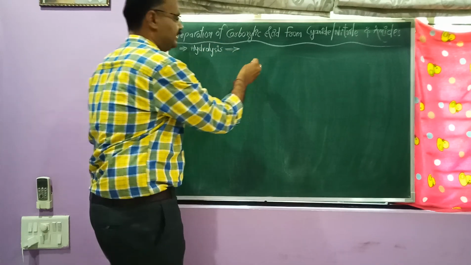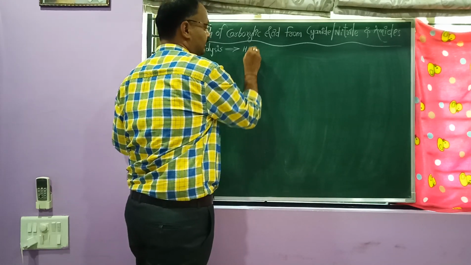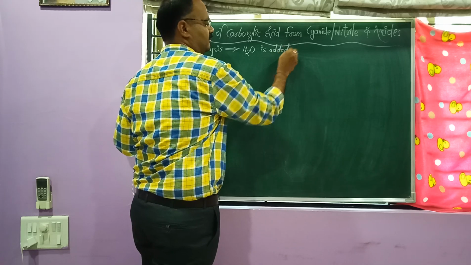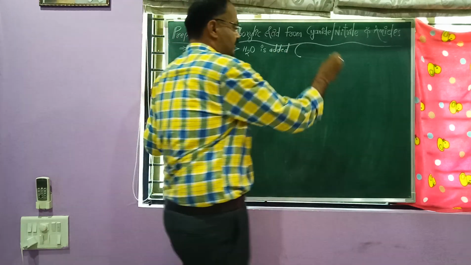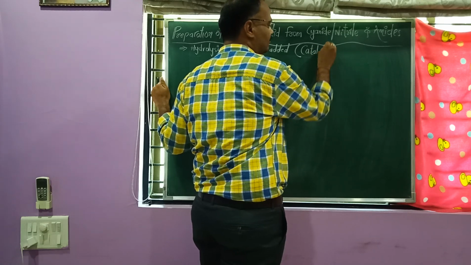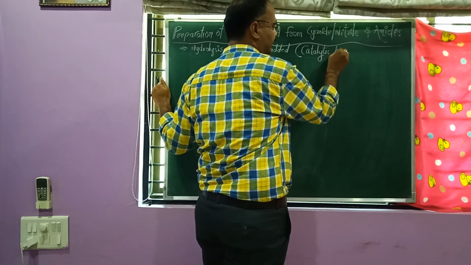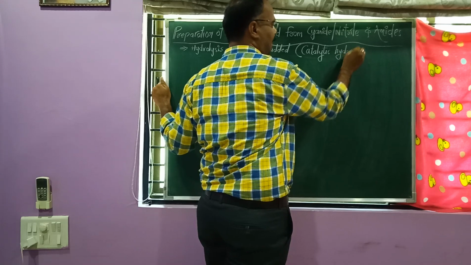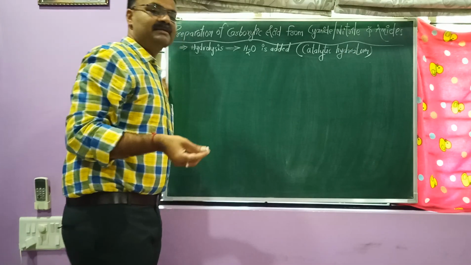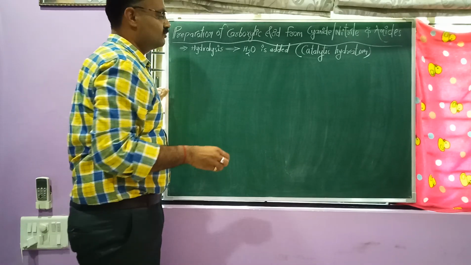So we understand in this reaction H2O is added. But here some catalyst is required, acid or base. So it is known as a catalytic hydration reaction. Maybe acid, maybe base is used as a catalyst.